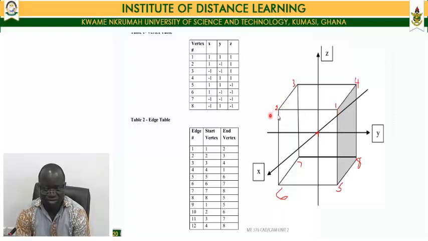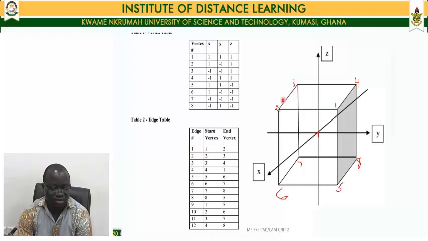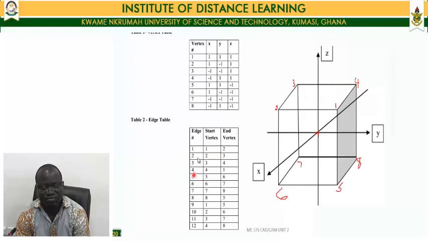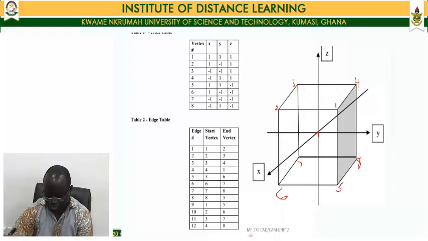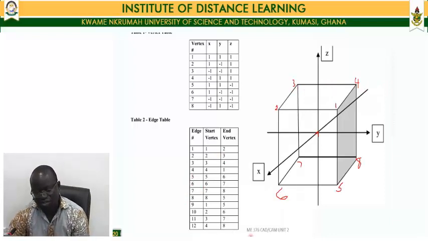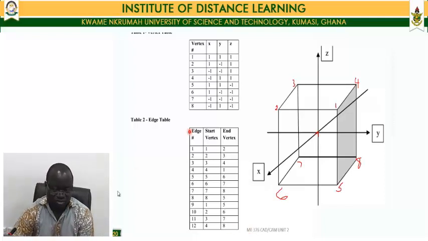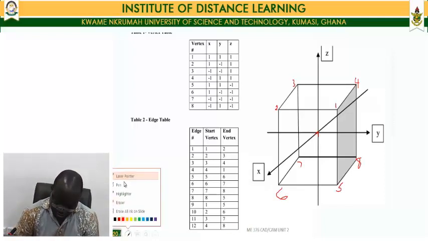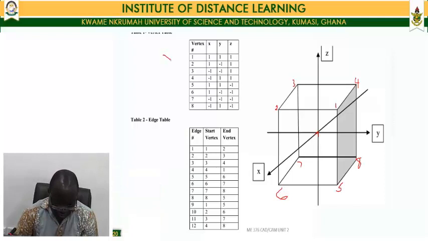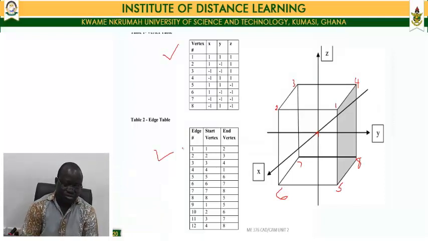And that is how all the 12 edges are populated. So this is a typical edge table and vertex table for a wireframe representation. Every wireframe that you create potentially has these types of tables.